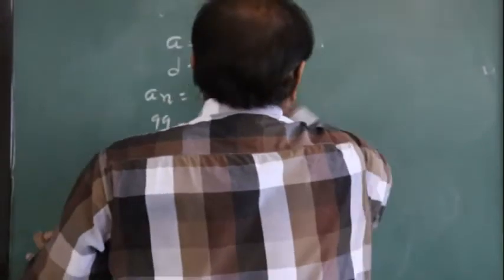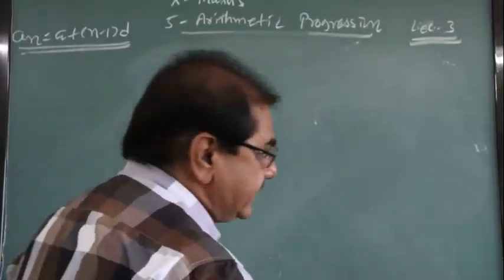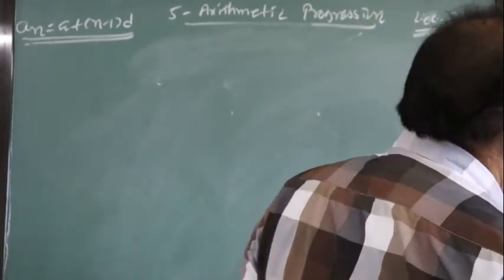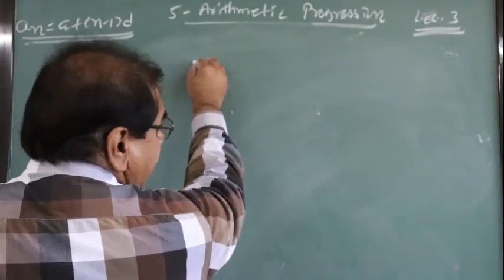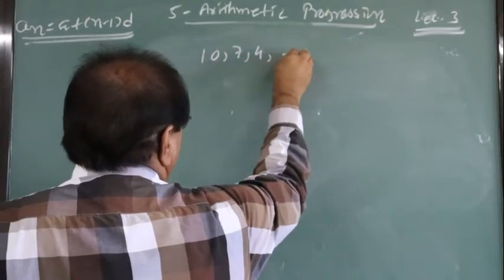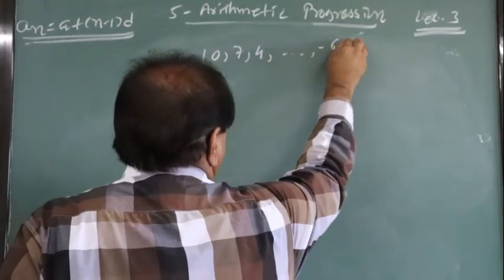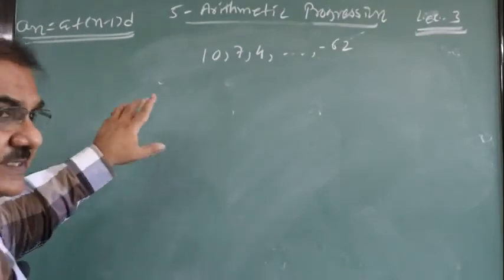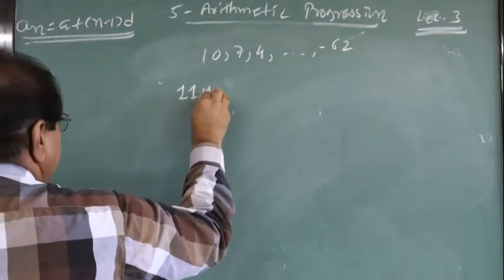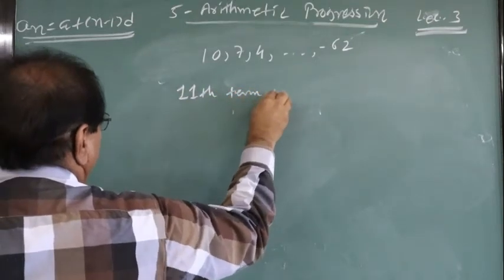We take one last for this lesson, and that is find the 11th term. You are given the AP 10, 7, 4 and the last term is minus 62. See, it is a different question. You have to find the 11th term from the last term.